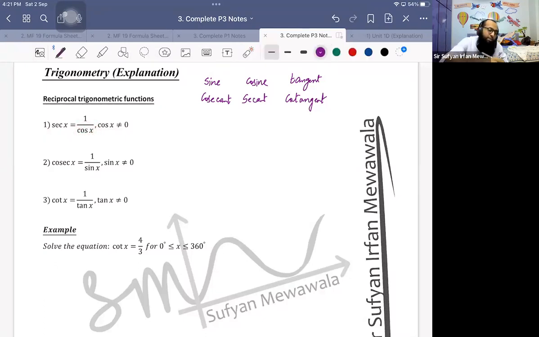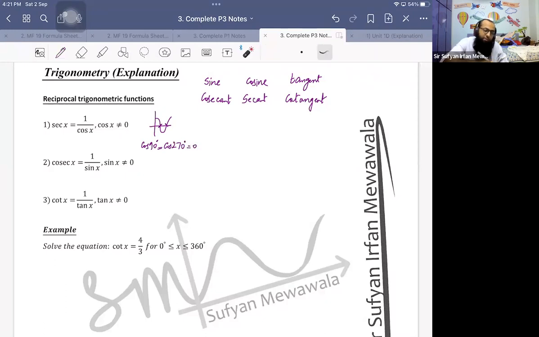If you recall the sketch of the cosine function, it was like this, and we know that at 90 degrees and at 270 degrees, cos x was 0. So cos 90 and cos 270 equal 0.